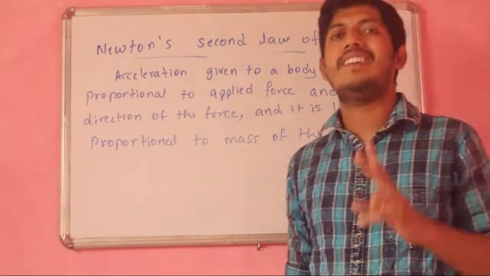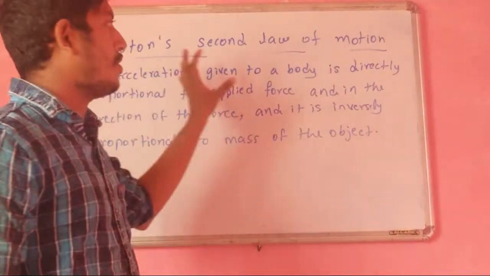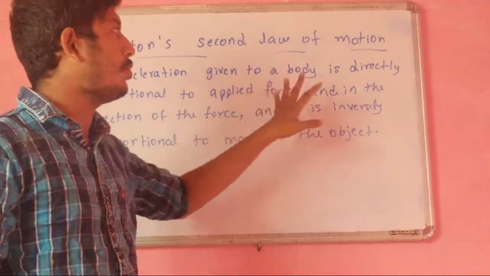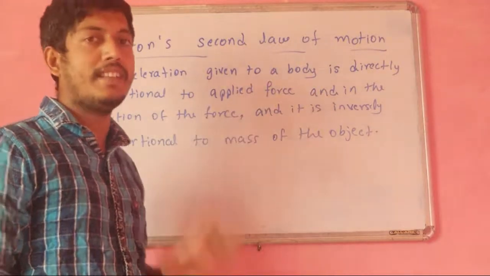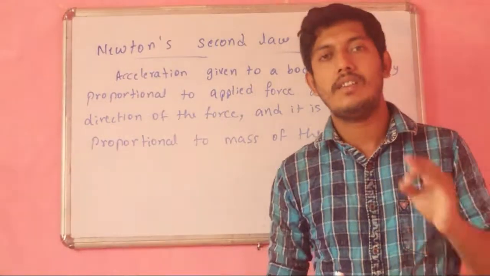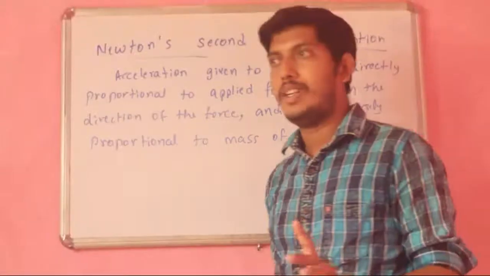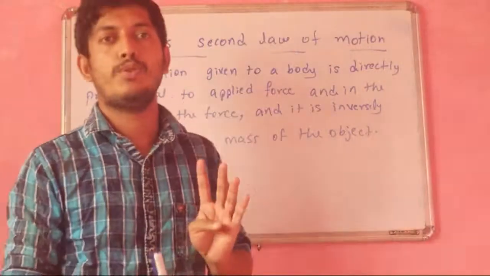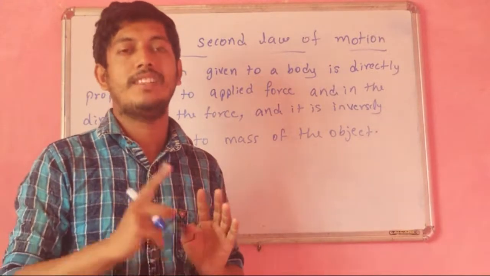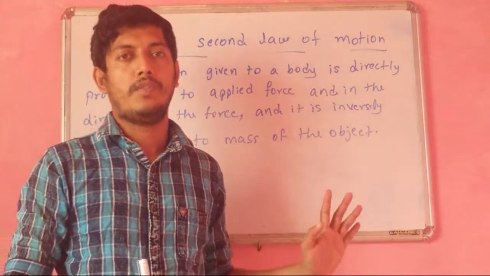Here two parts are given. The first one is acceleration given to a body is directly proportional to applied force and in the direction of the force. And the second one is acceleration given to a body is inversely proportional to the mass of the object.